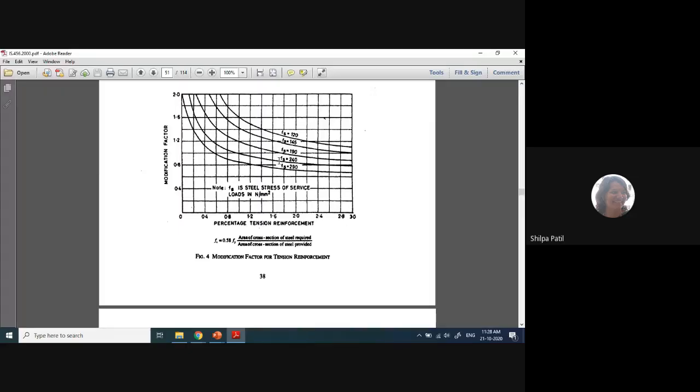In the design steps, I have given you one table in which, corresponding to specific grade of a steel, the range of the percentage steel to be assumed is given. So refer that table. 0.25 to 0.45. Correct. So for Fy equal to 415, the value ranges between 0.25 to 0.45. We will assume the value here as 0.35, a mean value or a middle value between the lowest and highest range. Okay, so 0.35 will come somewhere here.